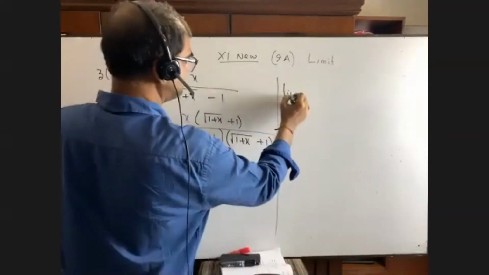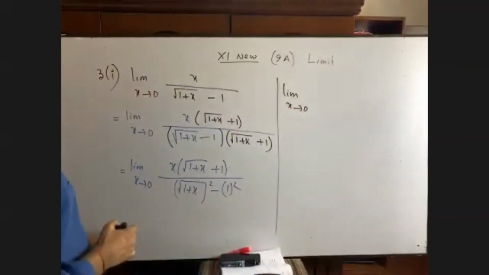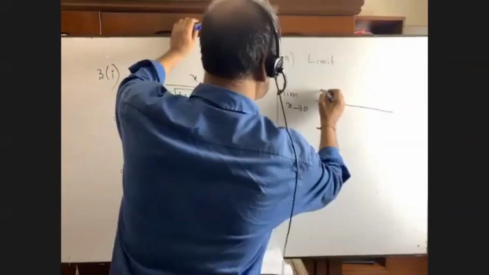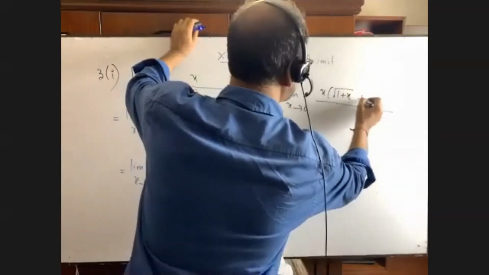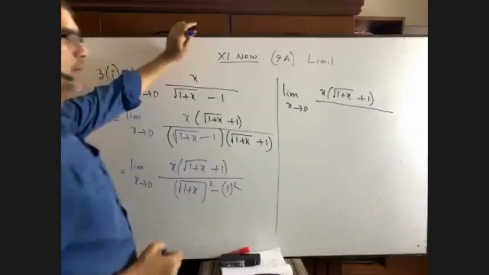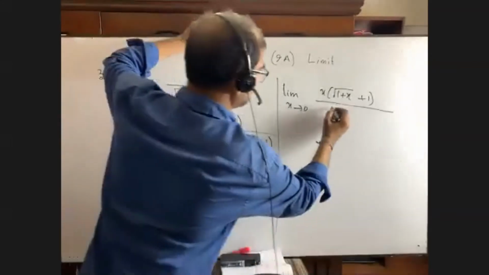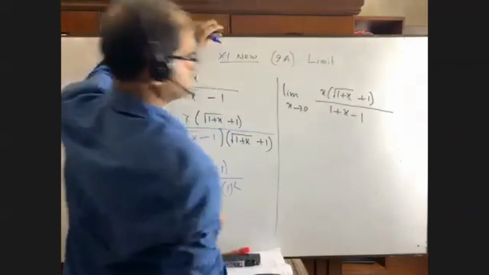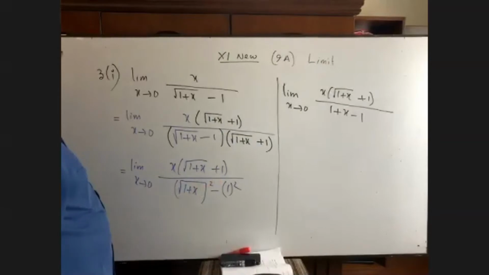Limit x tends to 0. Then we are getting here x into root over 1 plus x plus 1. And in the denominator, we are getting 1 plus x minus 1, right? Root and square will be omitted.